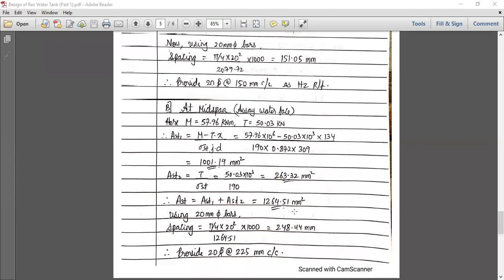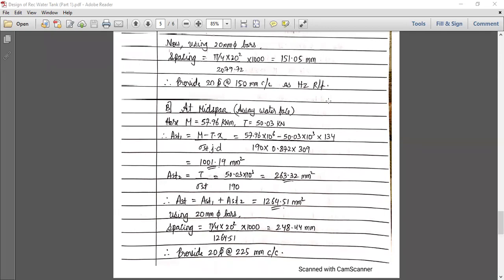Are you solving the numerical? Yes or no? Yes. So give me the value of the spacing. Spacing we got.